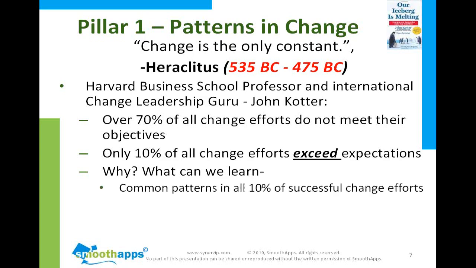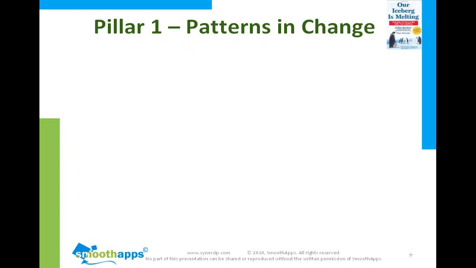So what Kotter did was he extracted some common patterns in the 10% of the successful change efforts. And then he used these patterns to create a reusable 8-step process. And that's the process that we're going to learn about in brief today, and that's the first pillar of our framework. So we don't have to reinvent the wheel and create this process on our own.